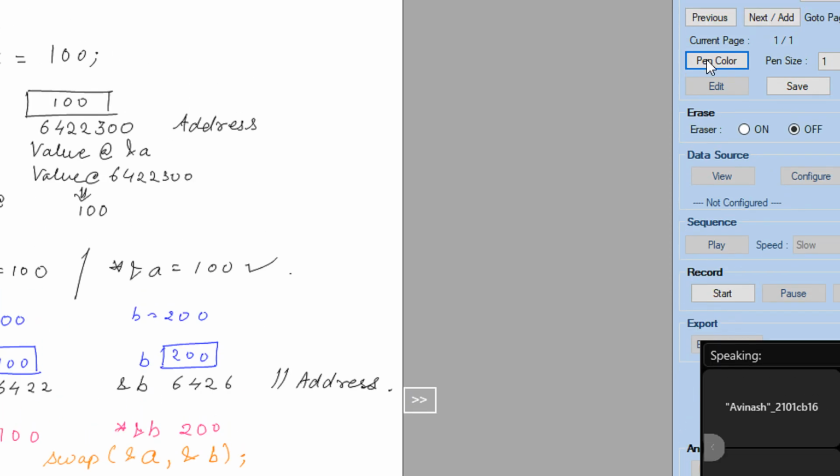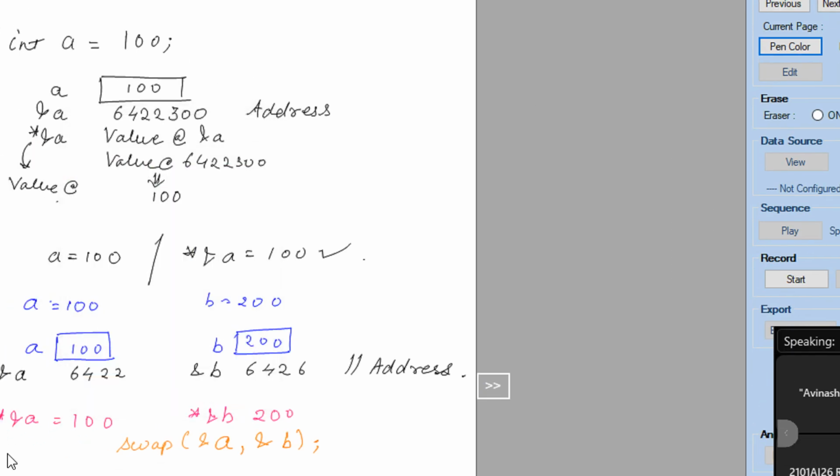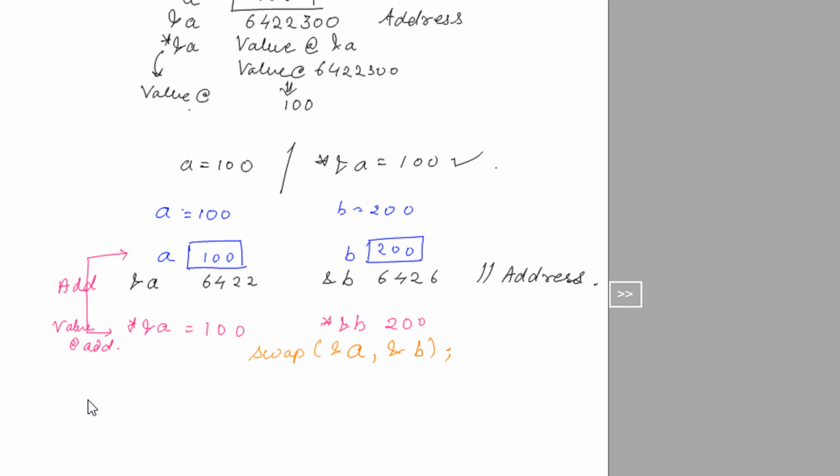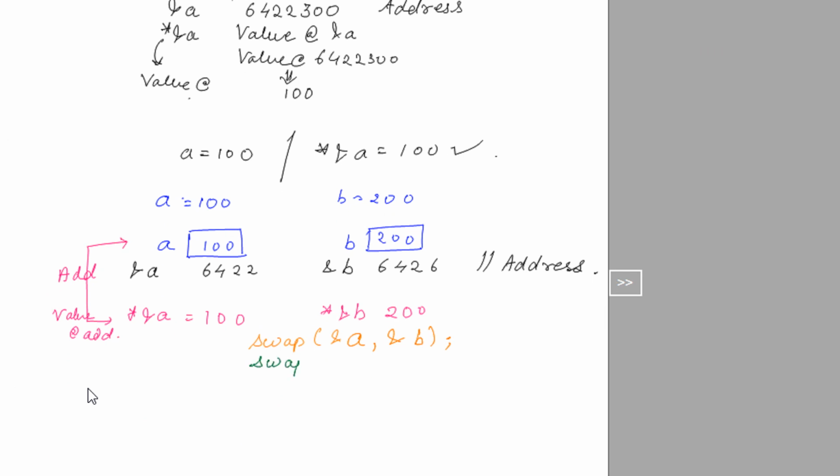So indirectly, what was &A? &A is 6422. So you are passing 6422 and 6426. Right? So you can see here, instead of values, now you are passing addresses. Right? This and this are addresses.